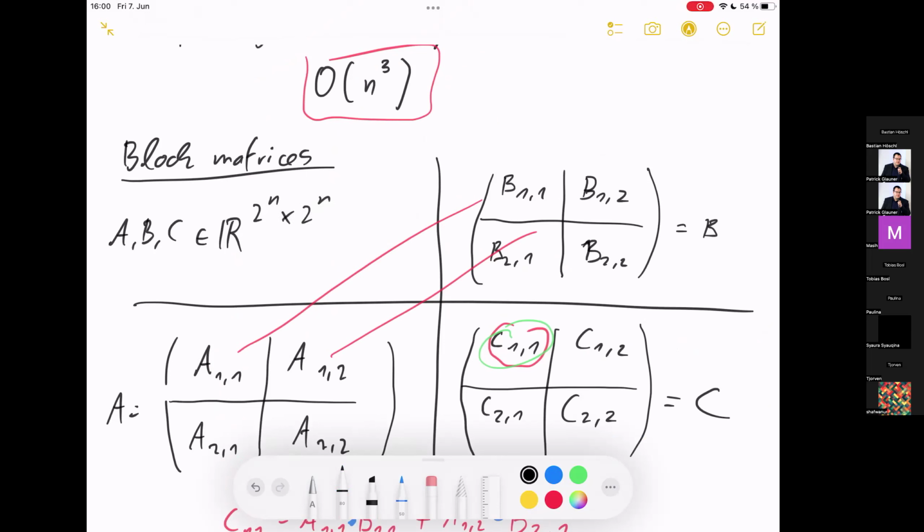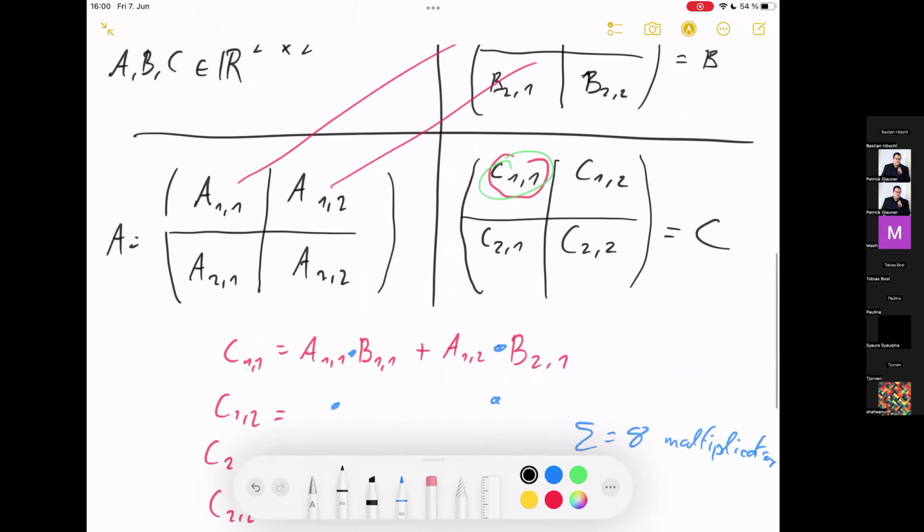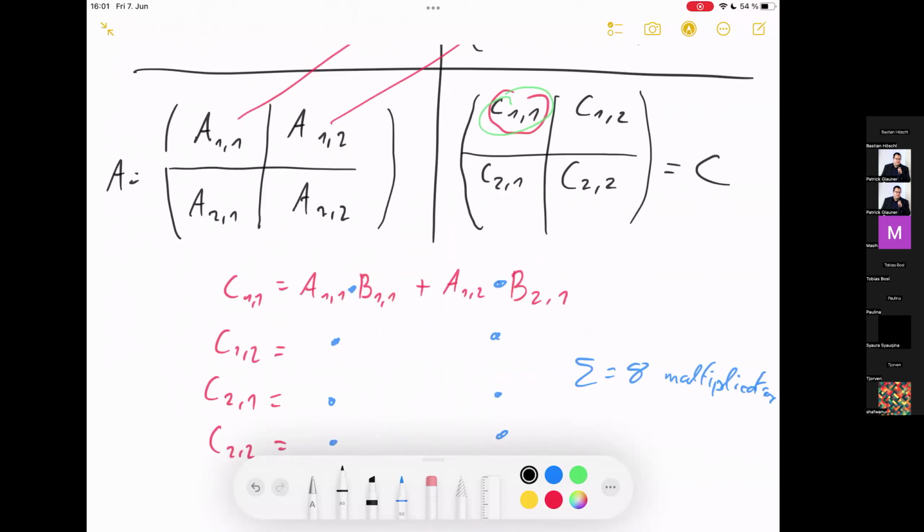And because this is the case, we can recursively split these blocks into smaller and smaller equally sized blocks until we deal with scalars. So far, this recursive approach of having a large matrix and splitting it into blocks rather than dealing with all the scalars directly doesn't lead to any improvement in terms of complexity.